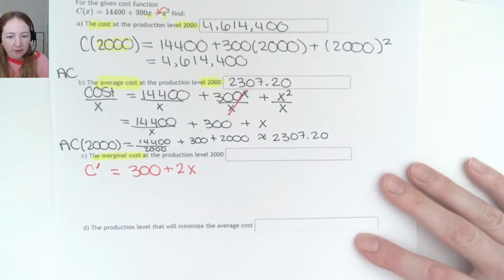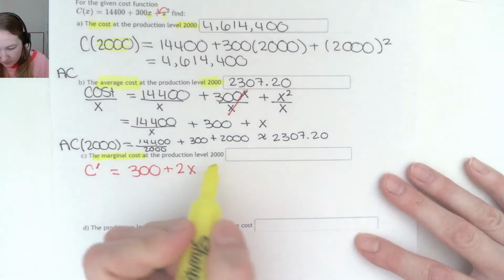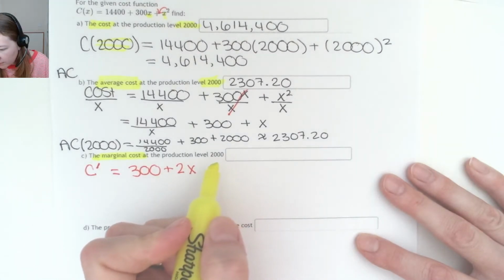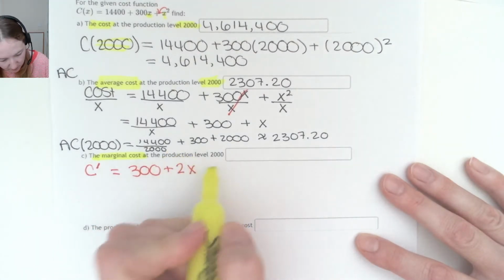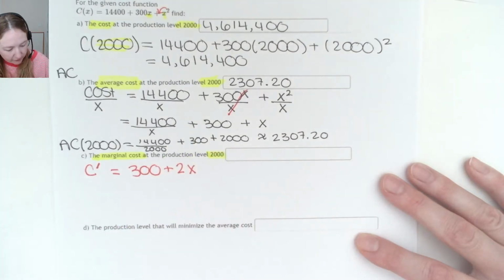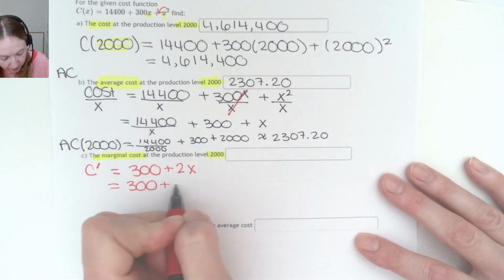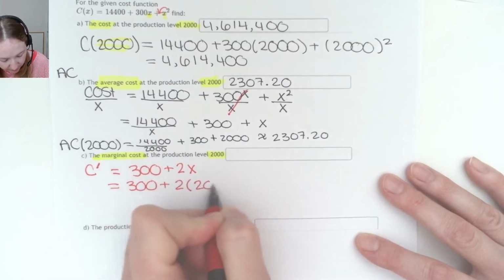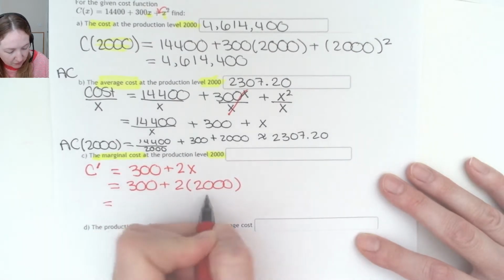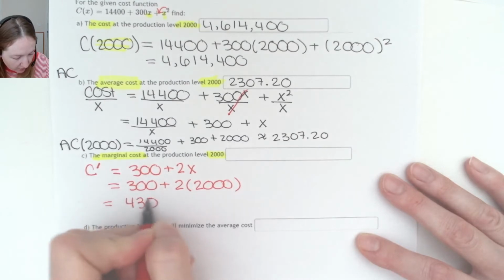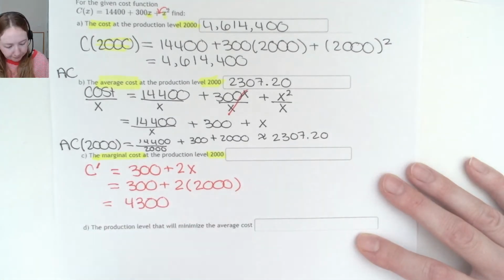And then from there, we will simply plug in the production level of 2000. That gives us 300 plus 2 times 2,000. So that's going to give us 4,000 plus 300. So we get 4,300.